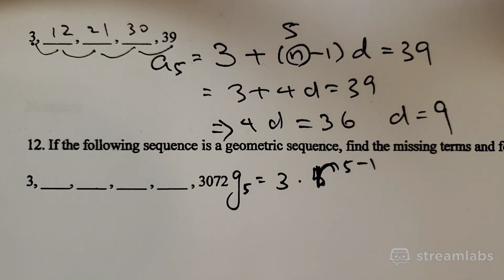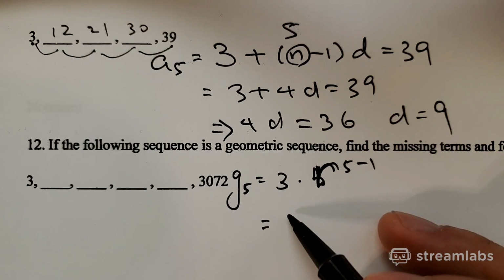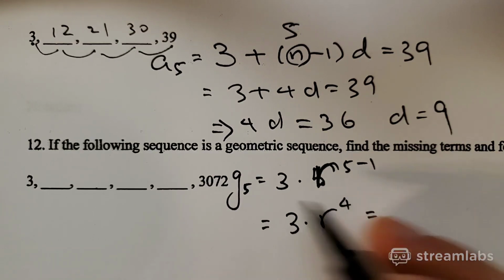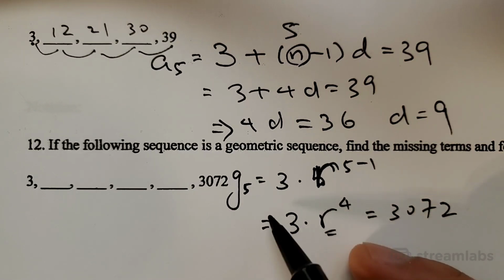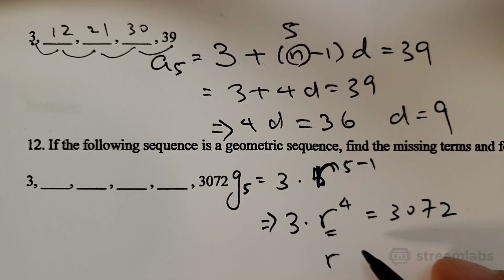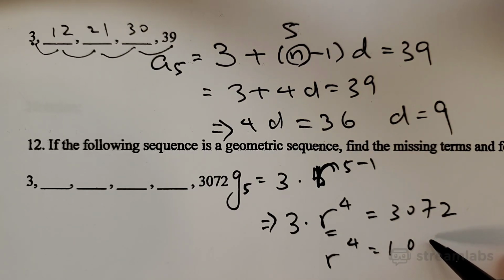So that means 3 times r to the 4th should equal 3072. Then you want to figure out what r is. So divide by 3, r to the 4th power is 1024.